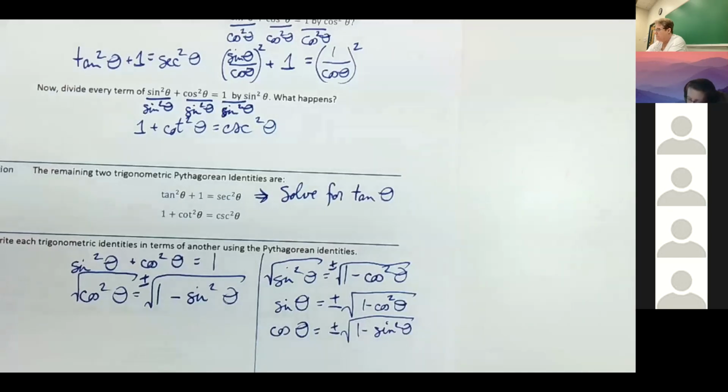Almost. Get tangent squared theta by itself first.